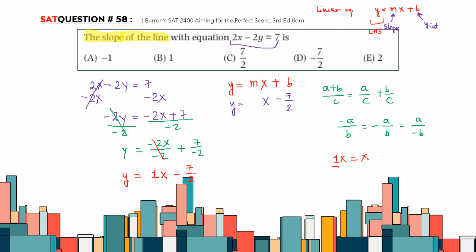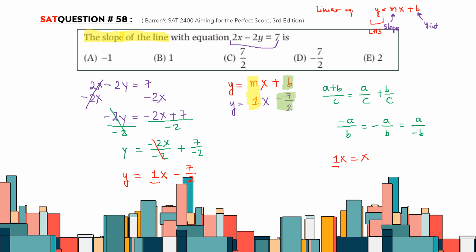You see why I wrote 1 in front in this case, so you can see exactly what the slope is. The slope m is the one in front of the x, right? And then b is right here.